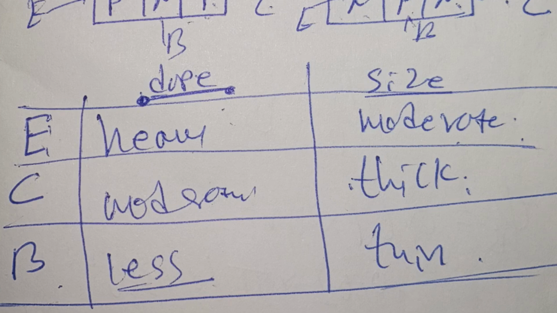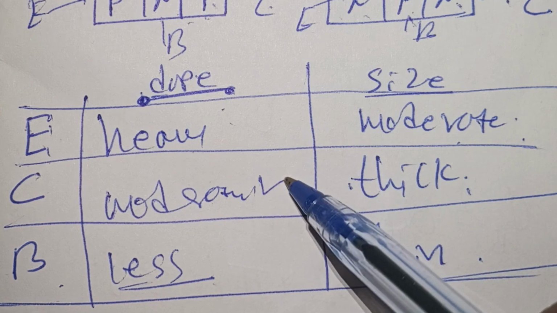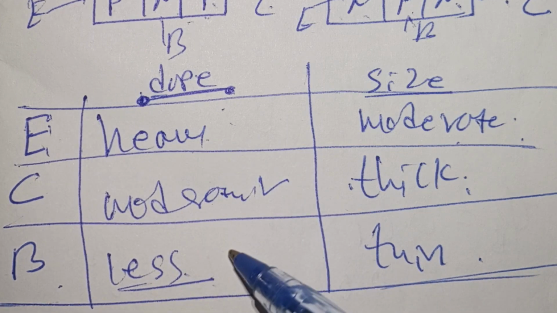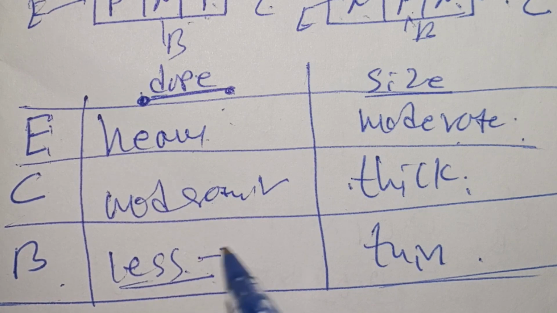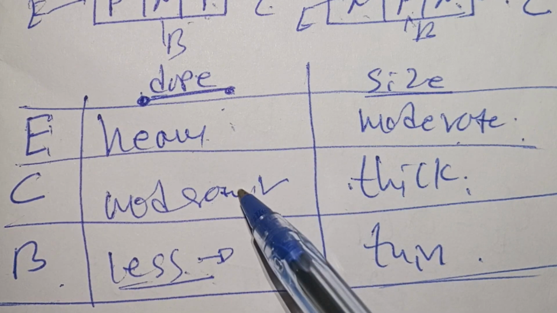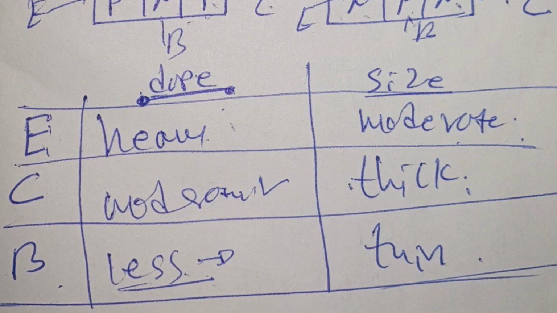The collector region is moderately doped when compared to the base and the emitter, so it's not true. C says the base region is heavily doped as compared with the emitter and collector, but the base terminal is lightly doped as compared with the emitter and the collector. So it is not correct.